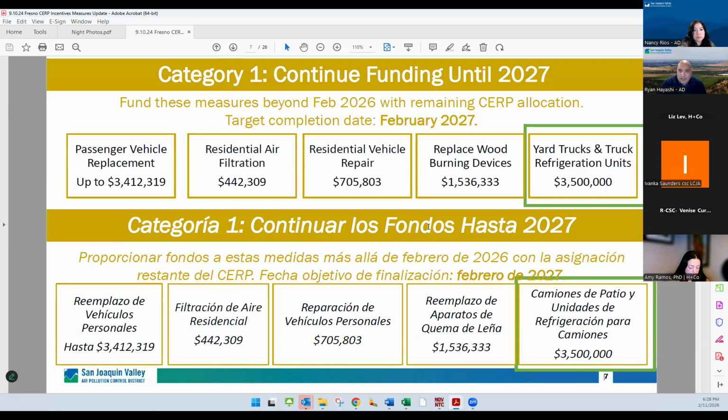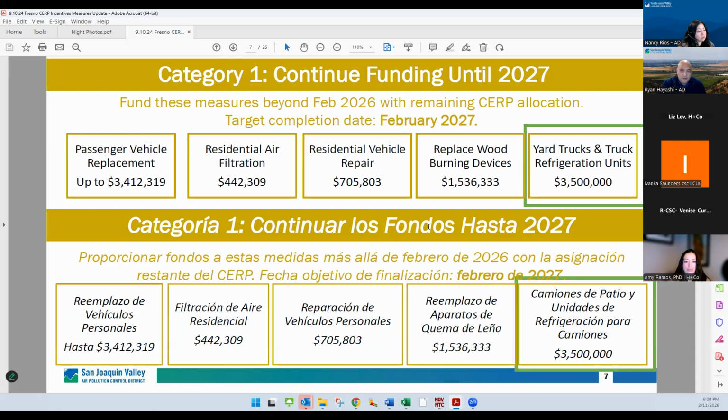So category 1, these are the ones that we're still seeing a lot of interest in. Passenger vehicle replacement: we still have over $3 million. Remember, this started at over 8 million. So we're seeing a lot of interest in this, and a lot of success in getting people into new vehicles.